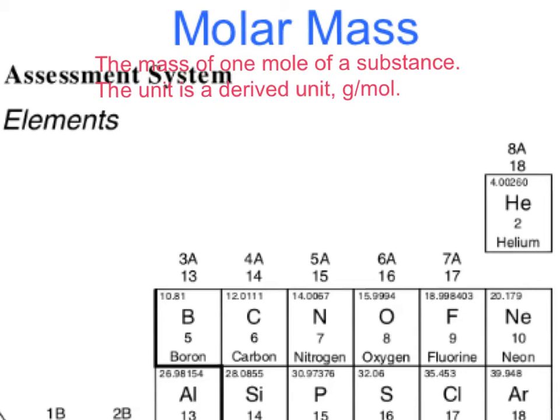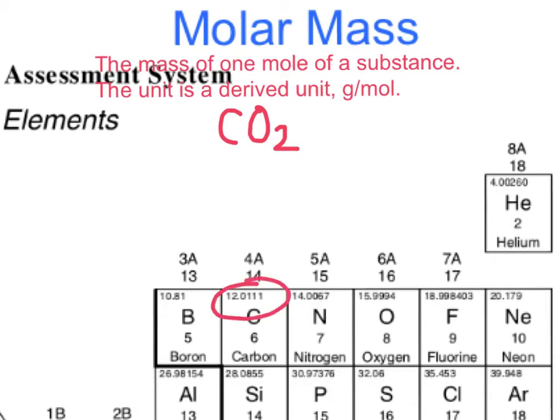A compound is as simple as, if we have a compound like CO2, the molar mass of the compound is going to be the molar mass of all of its atoms added up. So what I have to do is find the molar mass of carbon.